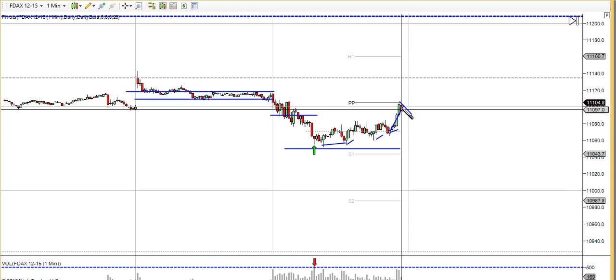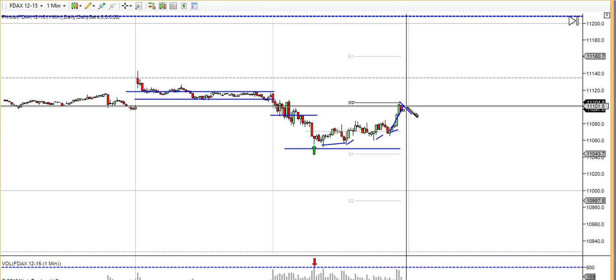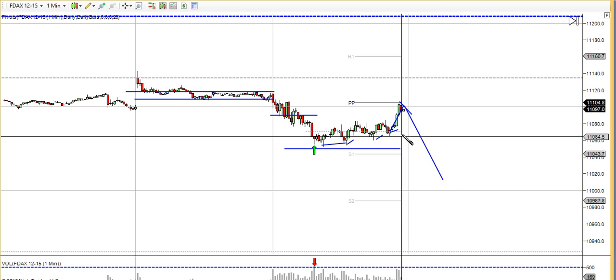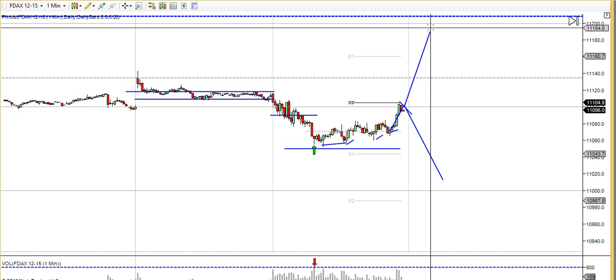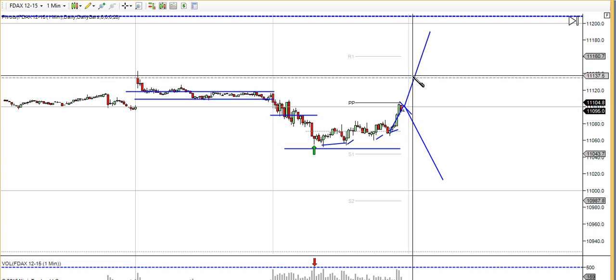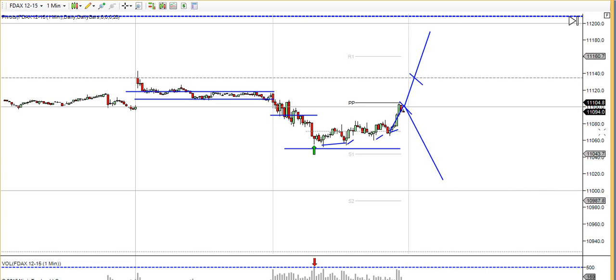Let's see if this resistance will be just a retest and we'll have further downside during the day, or if we're just going to break out above and initially go up to the day's open price, but at the moment it looks like resistance, so let's see.